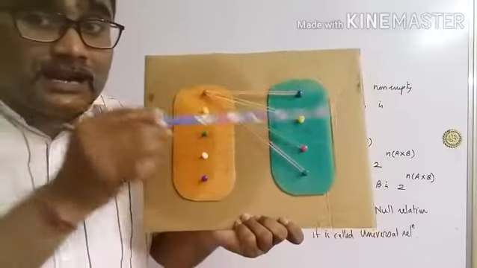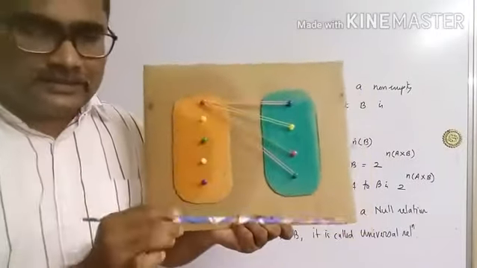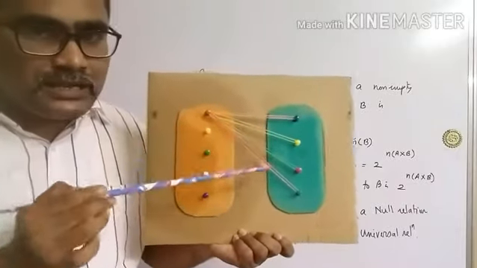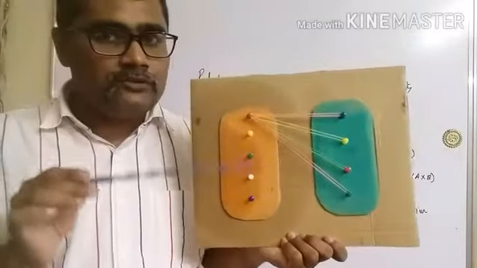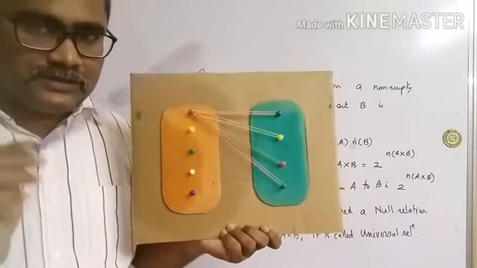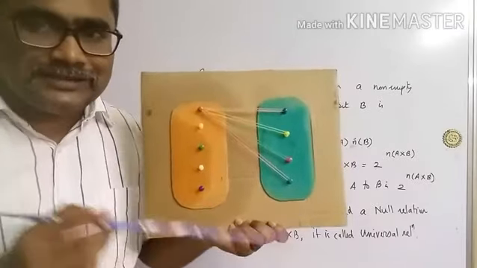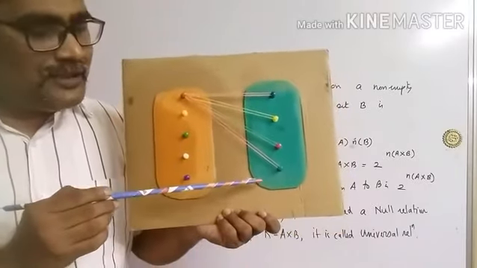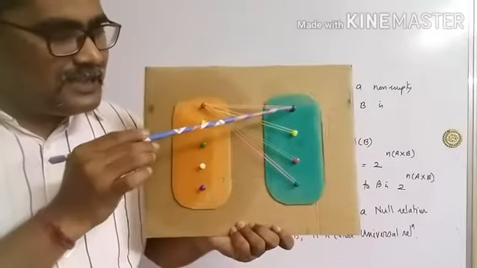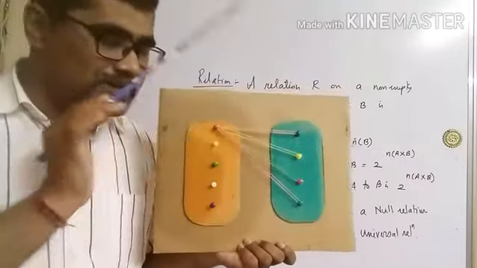And whatever elements from the other set are related with this is called the range of the relation. Range, remember it, there is a difference. This is the range. The entire right side set is called the codomain. Here I have related all elements, so the range and codomain are both the same.